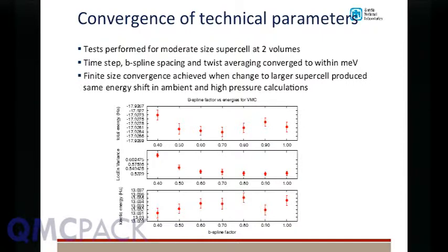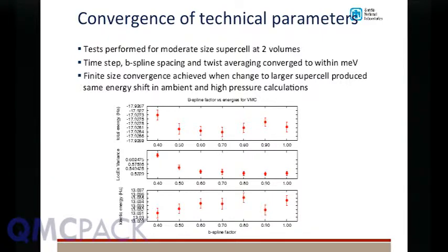Now, something that's been pointed out is that for these purely periodic solids, you can basically beat this to death. There's not a big worry about the size of memory, so I could have just started over here with a really fine mesh. And then you also do have to be careful about doing this at different volumes, because you could have different errors at high pressure than at low pressure.